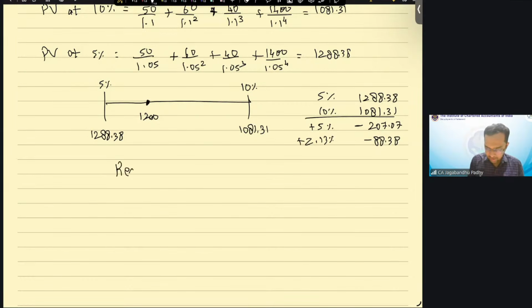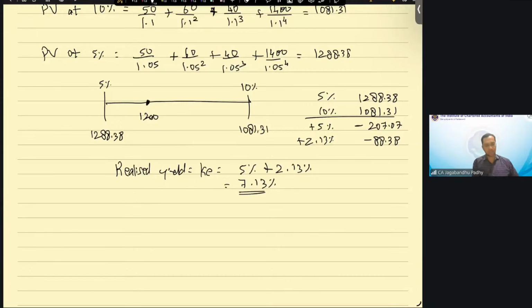So the realized yield, or the assumed cost of equity, is going to be 5% plus 2.13%, which is 7.13%. So this is the same as the YTM calculation that we did in yesterday's class.